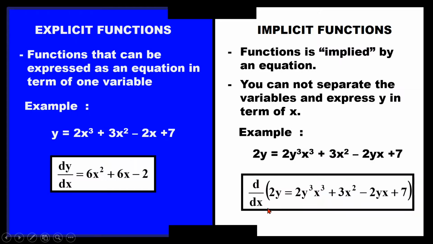When we want to differentiate them, you will notice when we differentiate in terms of x, there are terms that do not agree with that differentiation. So in this type of case, we need to use implicit differentiation.